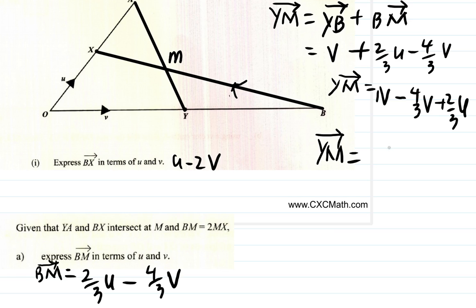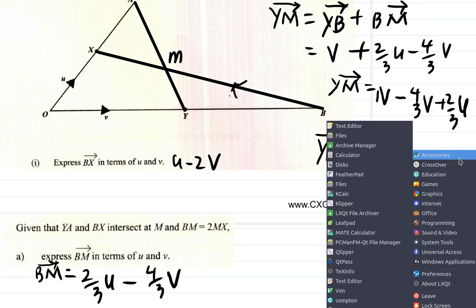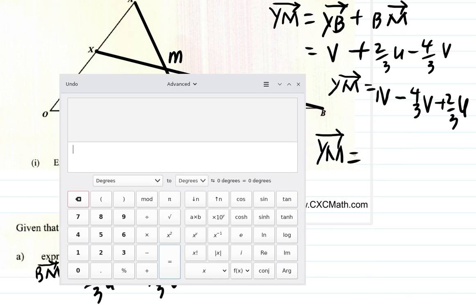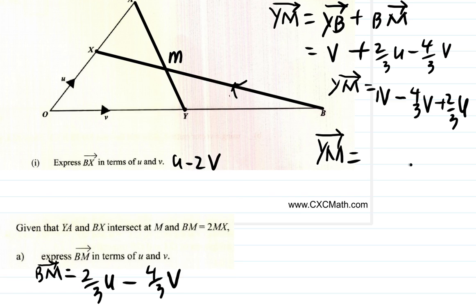equals 1 minus 4/3 is what? So if we get our calculator here, 1 minus, just for safety I put the brackets, 4/3 close bracket equal, we want the fraction. This is negative 1/3. Or we could have just done it in fractions.